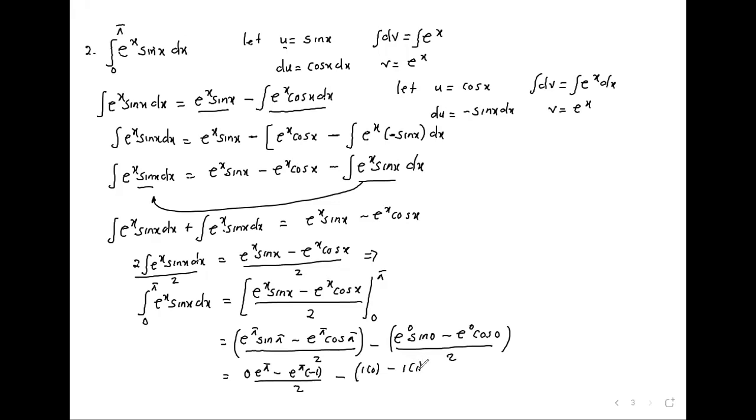Cos 0 is 1, over 2. So here we get 0 times e^pi, that is 0. Negative times negative 1, we get positive e^pi over 2. And then 1 times 0, that is 0. Then negative times negative, we get plus. Then there's only 1 on top over 2. I found the solution. Such questions also do exist in the exam.